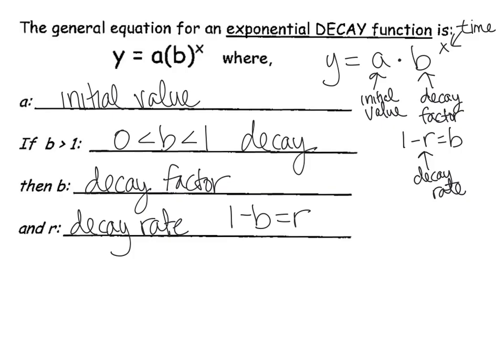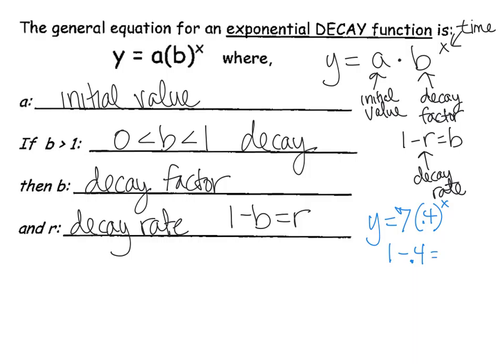Okay? So now, let's do some samples. I'll do one in blue. Y equals 7, crazy number 7, times 0.4 to the x power. I look at the parentheses and I say, gosh, that's less than 1. How much less than 1 is it? 1 minus 0.4 equals what?